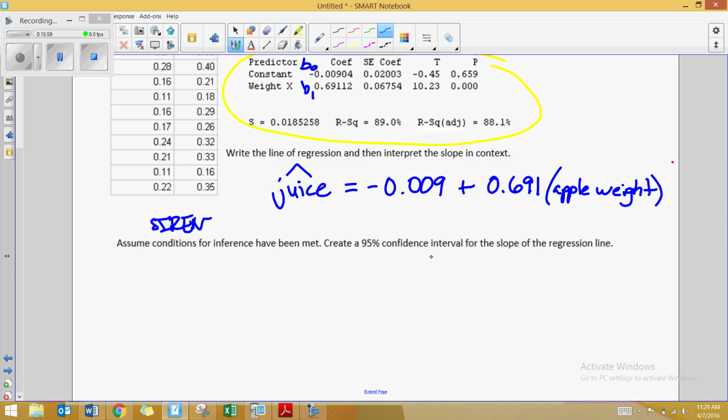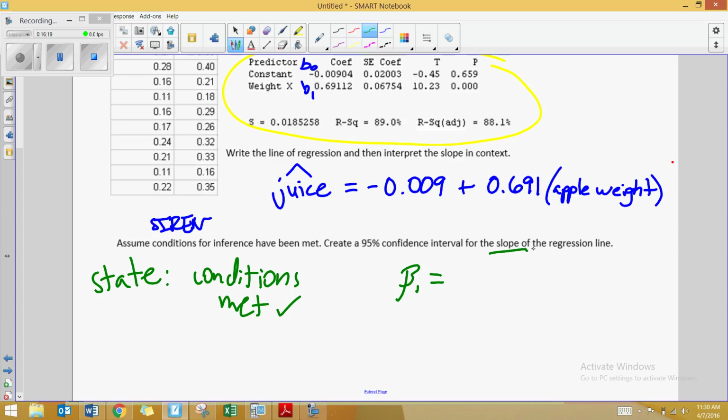Okay, we're creating a 95% confidence interval for the slope. So to state, I'm just going to tell the reader that I know the conditions have been met, and I need to define that slope that they're asking me. So this beta 1 that I'm trying to create an interval for, that's what I want to explain in words and in context.